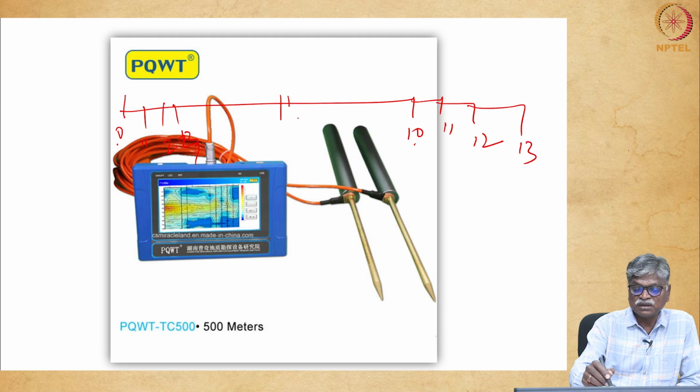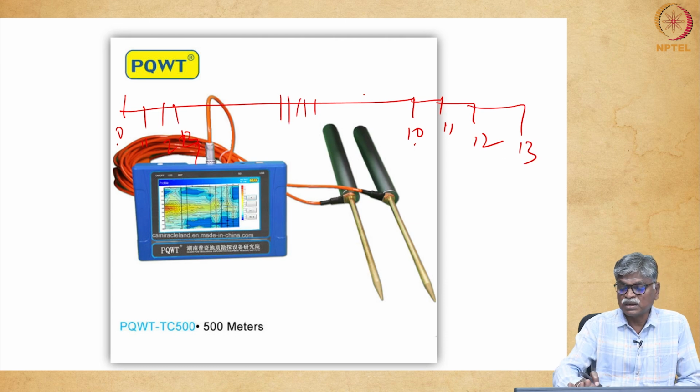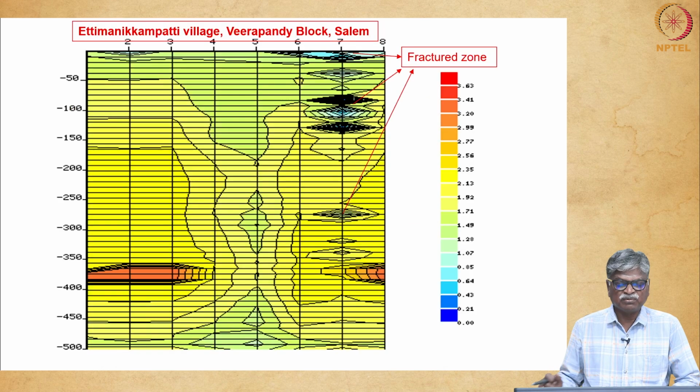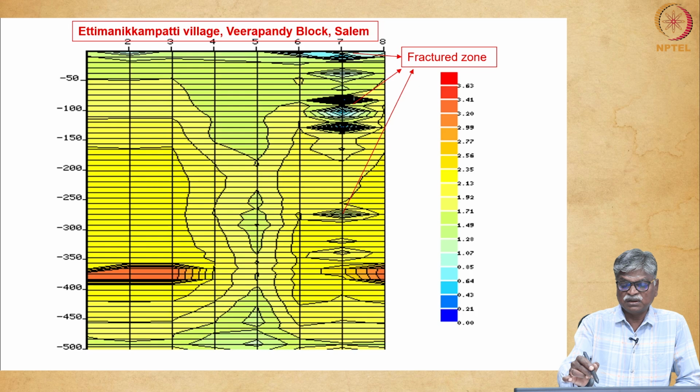The center of the investigation also shifts. When you shift your electrodes, the center of the information will shift. Afterwards you will get this type of image. Wherever you get this type of black and blue, that is the fracture.